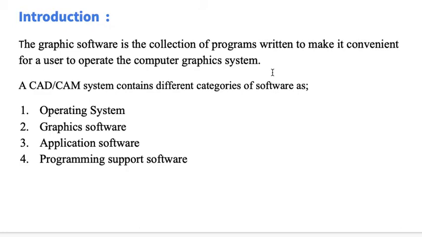These include design analysis programs such as finite element analysis and kinematic solutions, etc. And the manufacturing planning programs, that is automated process planning and numerical control part programming, etc. A CAD CAM system contains different categories of software, as we can see here: operating system, graphic software, application software, and programming support software.